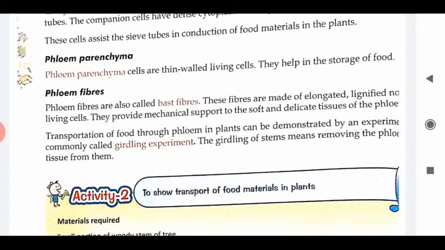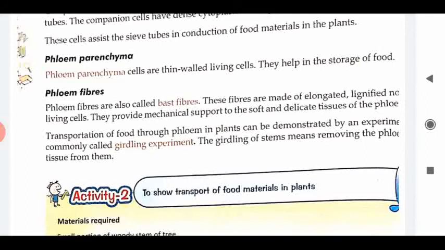Transportation of food through phloem in a plant can be demonstrated by an experiment commonly called the girdling experiment. The girdling of a stem means removing the phloem tissue from it.